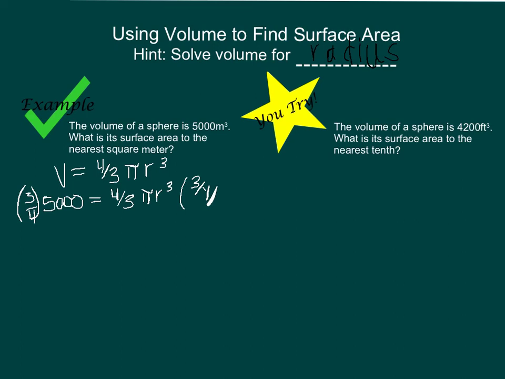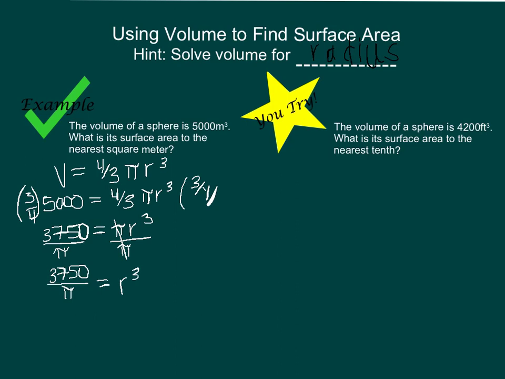So on the left side, 3/4 times 5,000, or 3/4 of 5,000, is 3750. And on the right side, the 4/3 and the 3/4 cancel, leaving me with pi r cubed. Now to get rid of pi, I'll just divide both sides by pi. So pi's will cancel here, and I'm not going to put this in my calculator, I'm just going to leave it. 3750 divided by pi is equal to r cubed.